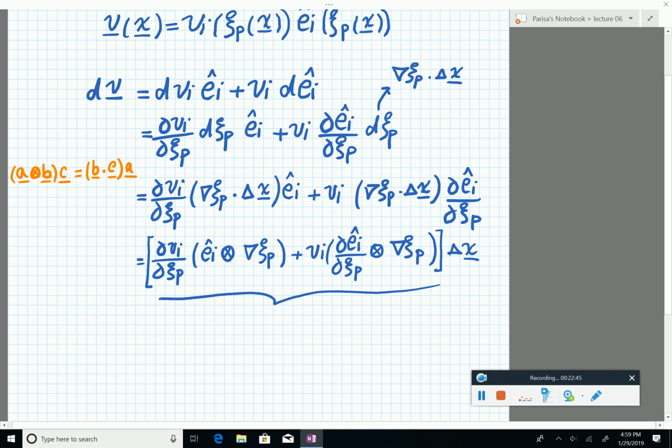So we have the general expression for the gradient. Let me write it.